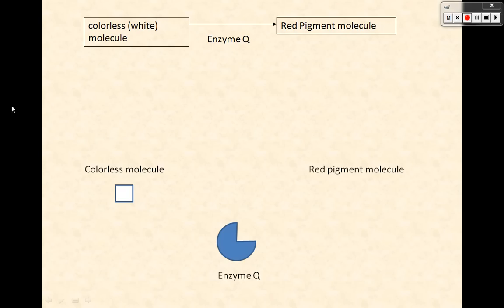So let's suppose here that we now understand that there are white round buds and red round buds.